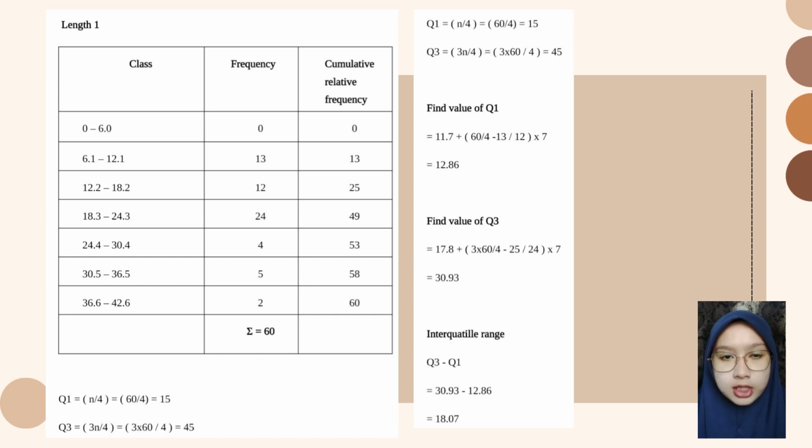Value of quartile 3: 17.8 plus 3 times 60 divided by 4 minus 25 divided by 24 times 7 equal to 13.93. The interquartile range is quartile 3 minus quartile 1 equal to 18.07.